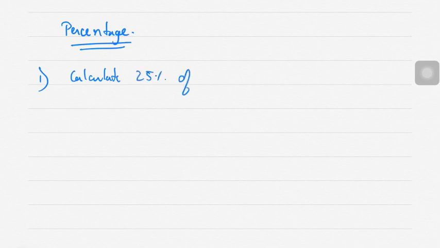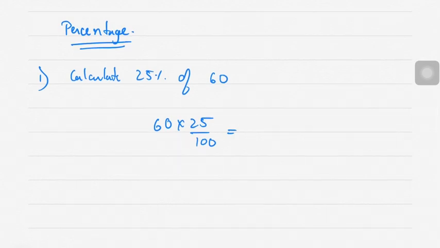25% of 60. How much is 25% of 60? Please calculate. So how will you calculate? 60 into 25 upon 100, correct? So how much is 60 into 25 upon 100?